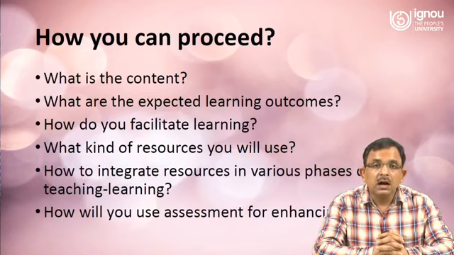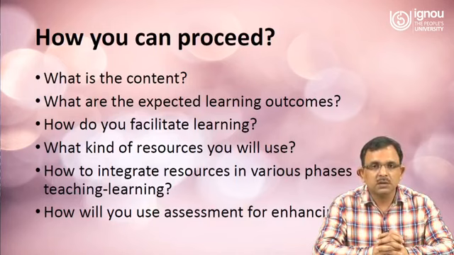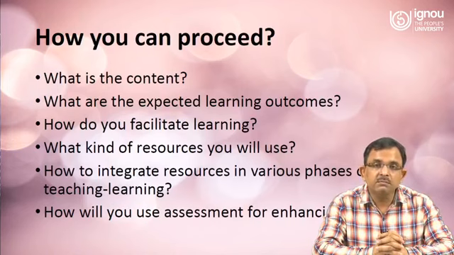Then how these are arranged gradually, in a manner so that you can move from lower level to higher level. Then you also plan what the expected learning outcomes are. If a student is learning about food in class 6, what are the expected learning outcomes at that level?